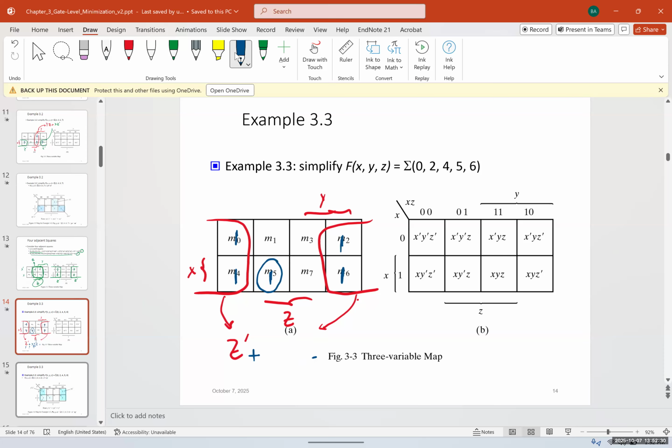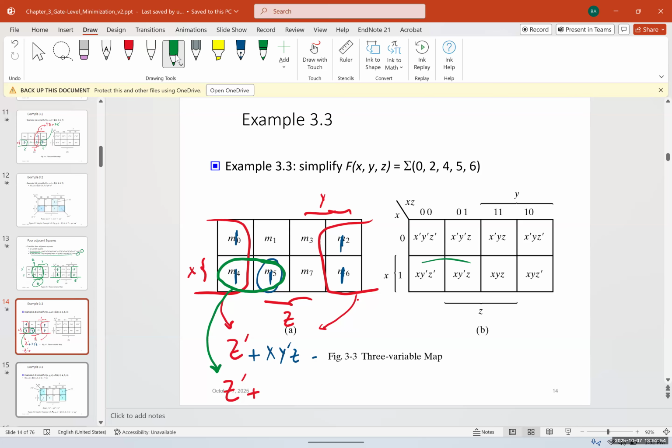And the way to minimize it, instead of having z prime plus x, y prime, z, I can combine these two with the adjacent one. And now what I have is z prime again, but this time plus m4 and m5.